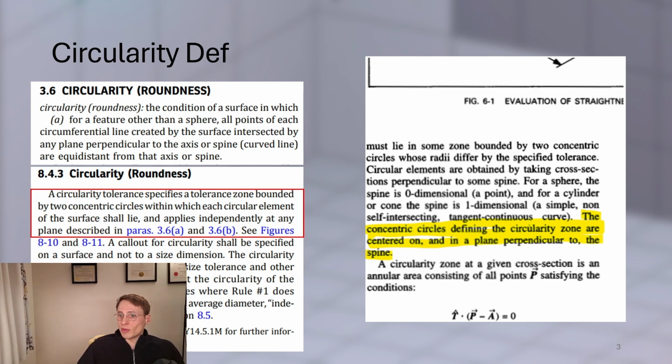Now, the astute among you might be asking, well, what's this axis or spine that they're talking about? How do we define this axis or spine? And that's a great question that they answered explicitly in the 2018 standard. There was no explicit information on this as far as I could tell in the earlier standards.